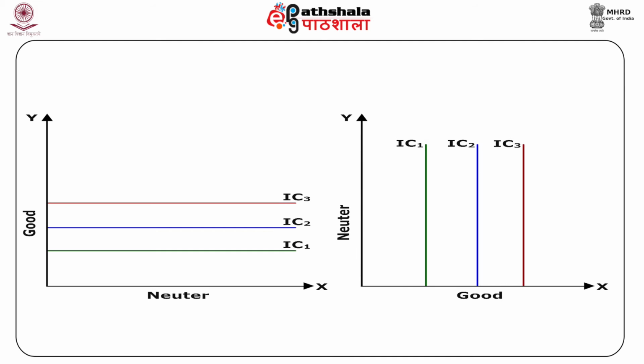On the other hand, if commodity Y is neutral and commodity X is a normal good, then the indifference curve will be a vertical straight line as depicted in figure 15b. In this case, to increase satisfaction and therefore reach a higher indifference curve, the consumer must acquire more of the normal good X, as commodity Y does not provide any utility to the consumer. Now you can see figure 15a, 15b.